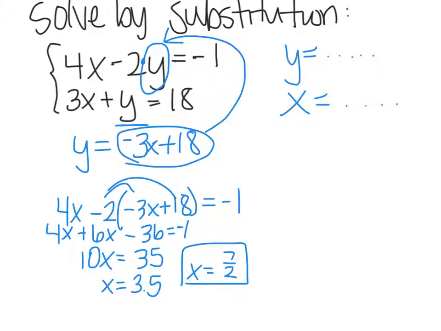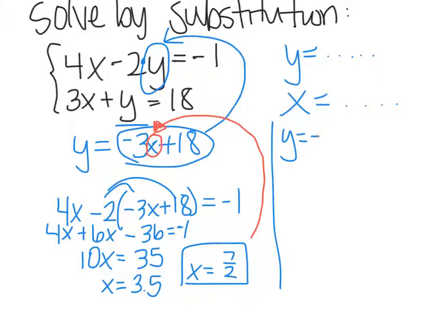Now that I have x equals 7/2, we need to find y. So I go back here and plug it in for the x. Why do all the hard work again and have to isolate y when we've already done the work? So I now have y equals negative 3 times 7/2 plus 18.